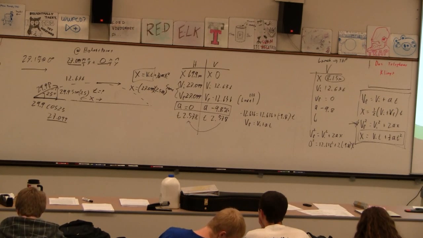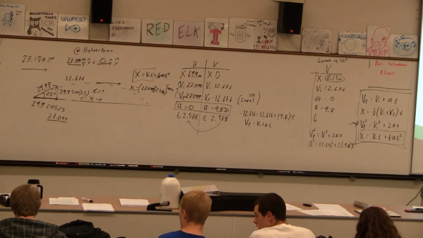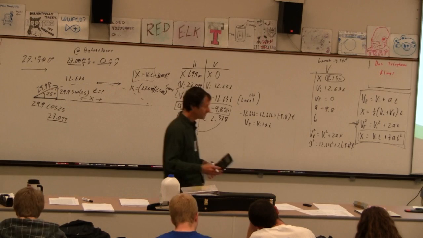I just did it in one step. Oh, 4.9. Oh, you're doing 1/2 9.8. You go 2 times 9.8. Okay. It's okay. I'm glad we figured out the rift in physics.